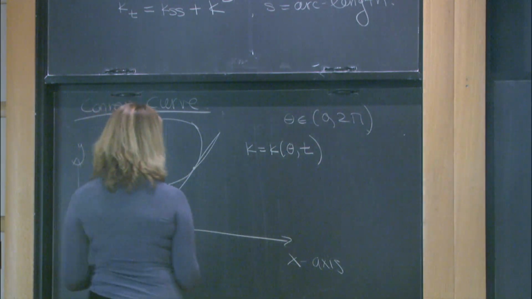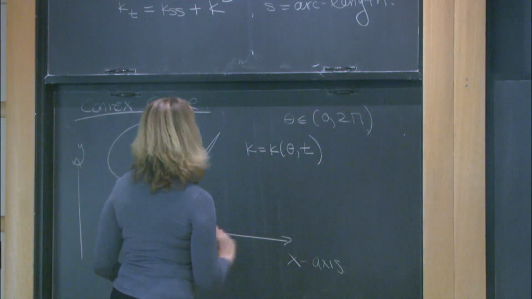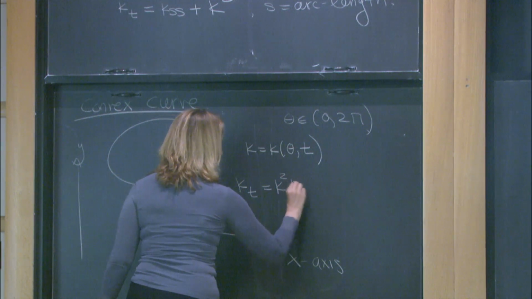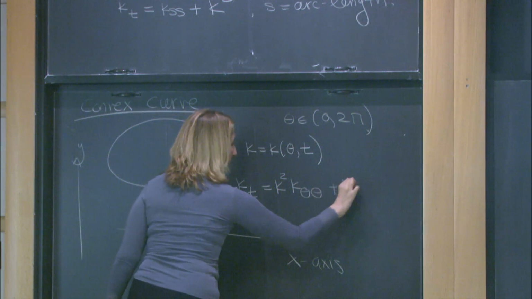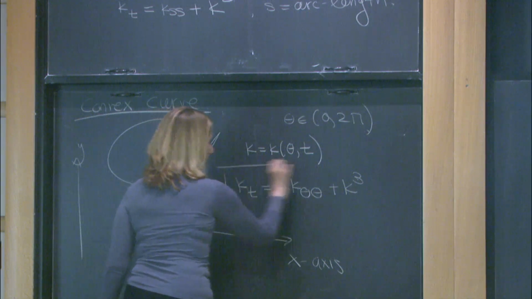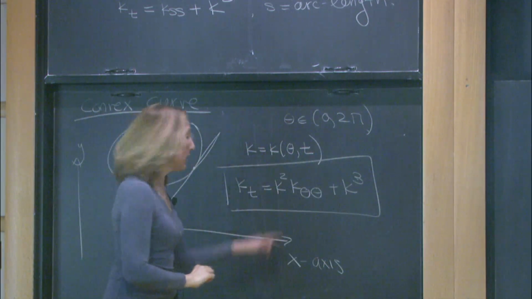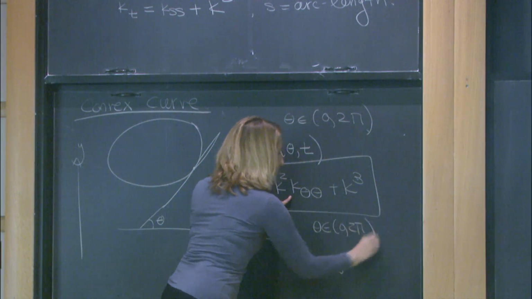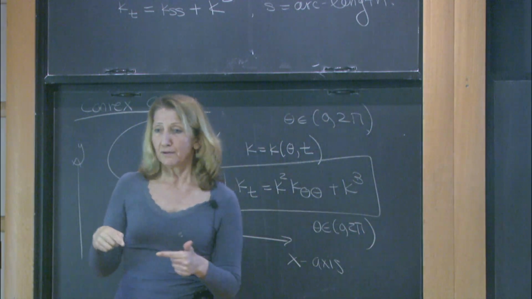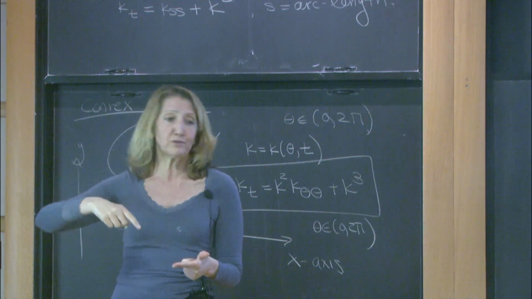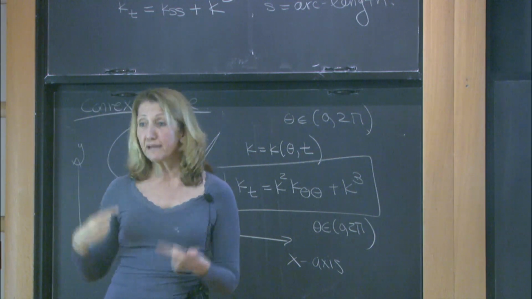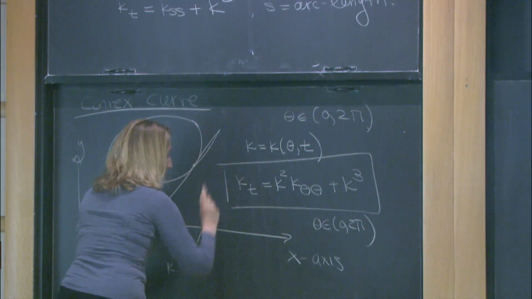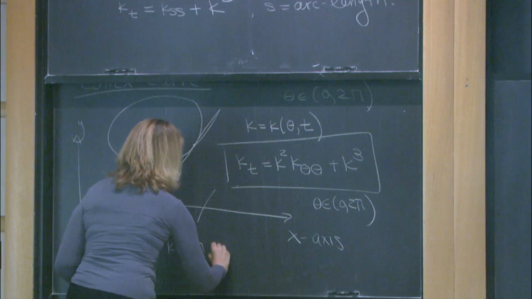You end up with a beautiful PDE: kappa_t equals kappa squared kappa_theta theta plus kappa cubed. If you go around the curve twice, you pick up the same curvature, so kappa is 2 pi periodic in this parameterization.